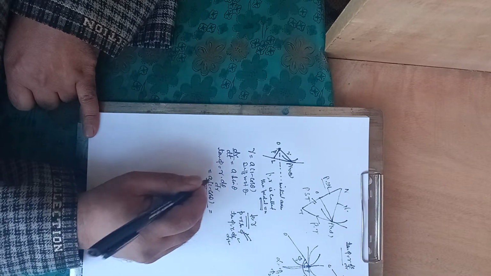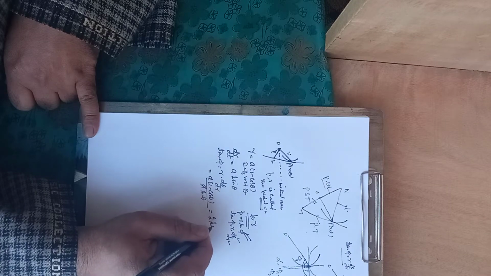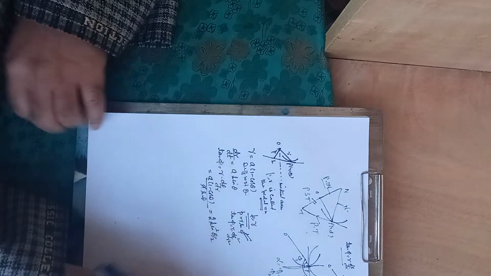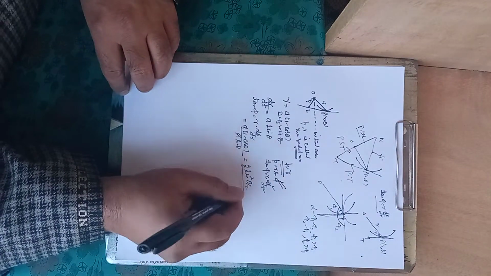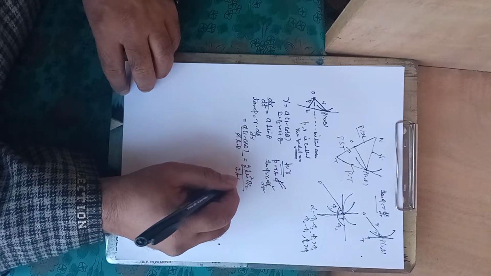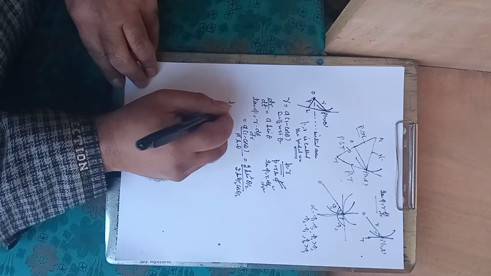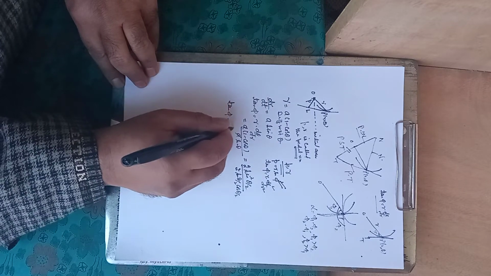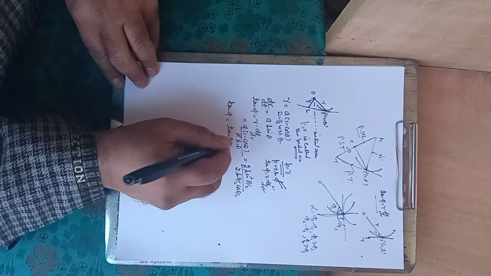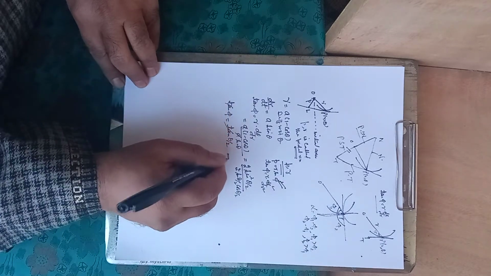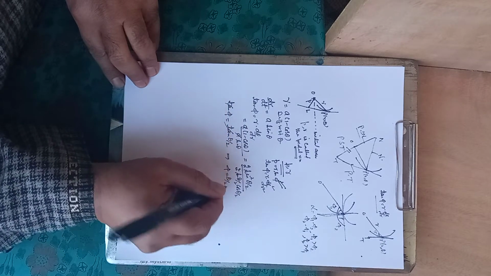So this is twice sine square theta by 2, and sine theta is twice sine theta by 2 cos theta by 2. So tan phi is equal to tan theta by 2, meaning your phi is equal to theta by 2.